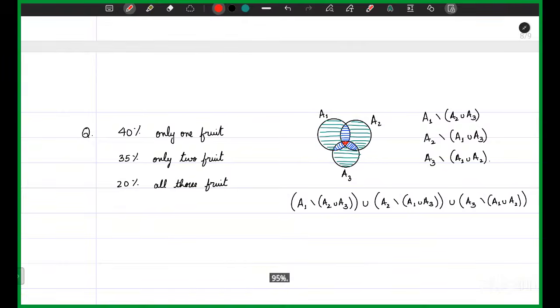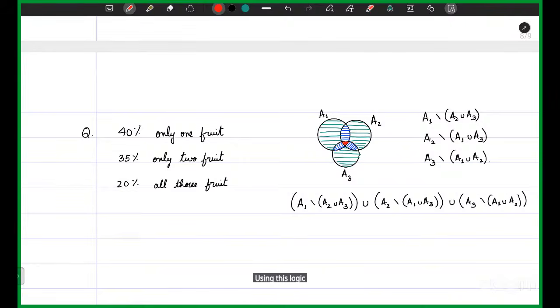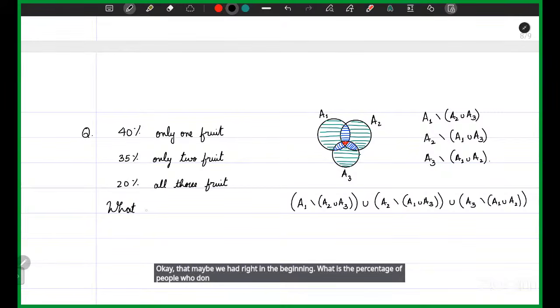So there's just 5% of people in the complement of this. There is a way to solve this symbolically, making it proper, but even just a Venn diagram and using this logic is sufficient to get the answer. Sir, what is the question asking, sir? Okay, maybe we had to write that in the beginning. What is the percentage of people who don't like any fruit?